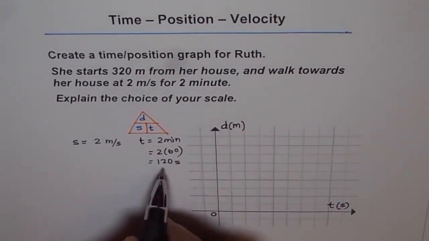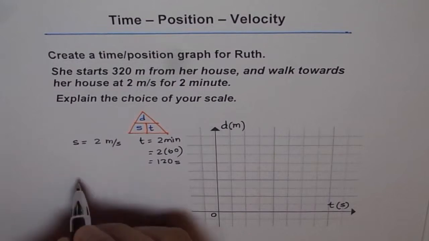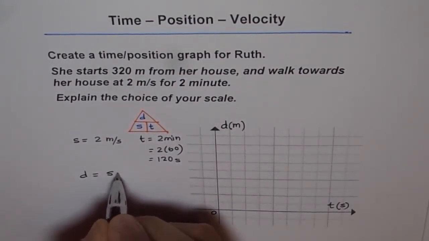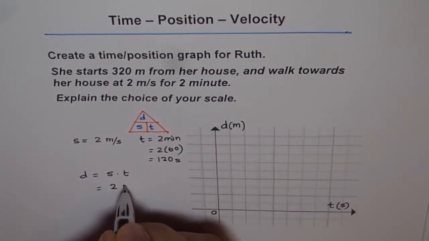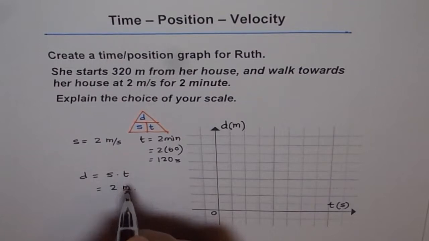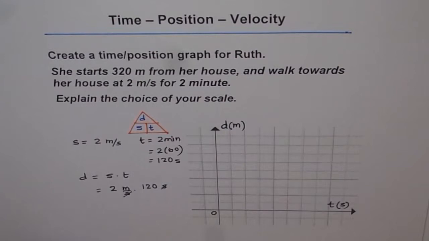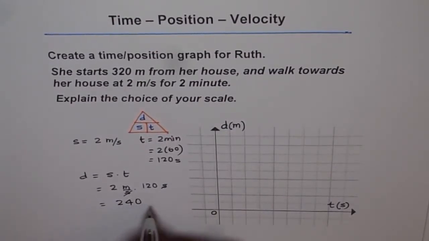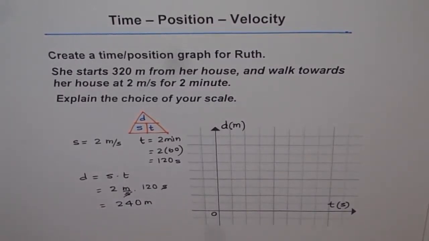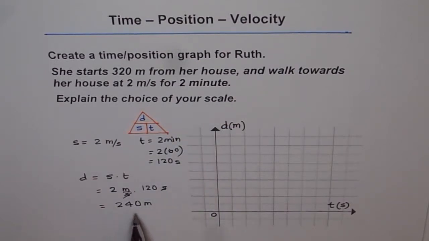During this time of 120 seconds, how much distance will Ruth cover? Distance is equal to speed times time. Speed is 2 meters per second, and time is 120 seconds. Seconds cancel, and 2 times 120 gives us 240 meters. So in 2 minutes, Ruth is going to cover 240 meters.